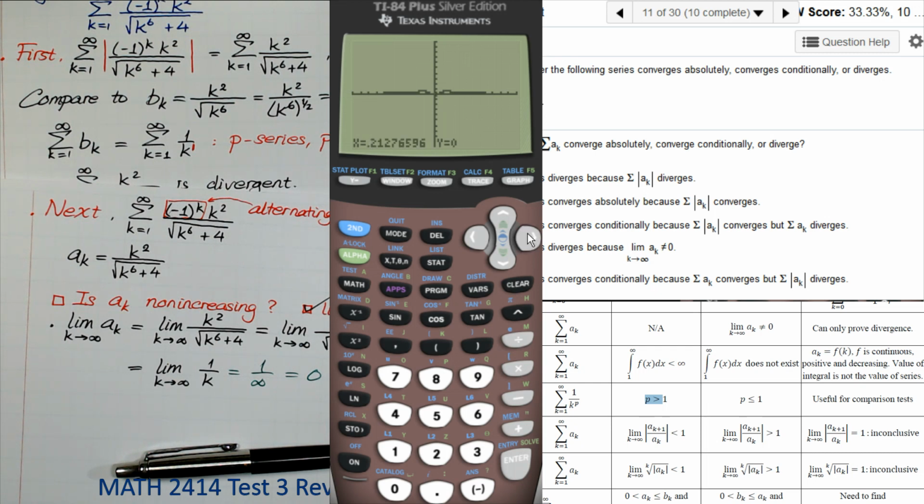Notice that k is from 1 to infinity. I'm going to just zoom out this box.